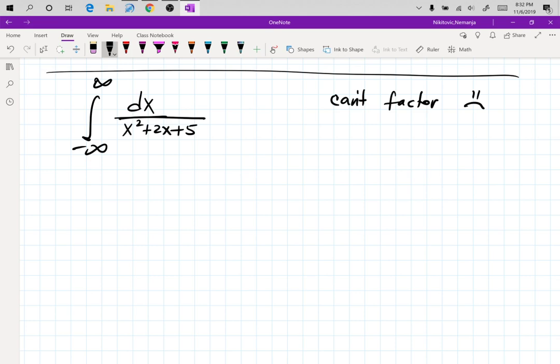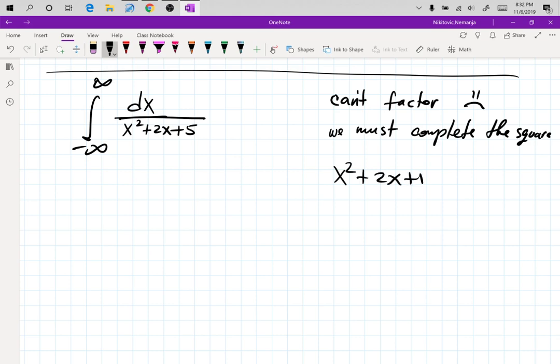So now, we must complete the square. We do that by x squared plus 2x plus 1 plus 4. Right, we peel off the 1. These guys compress into x plus 1 squared, and then we have 4. Okay, the next question is, can we make this 0 somehow?